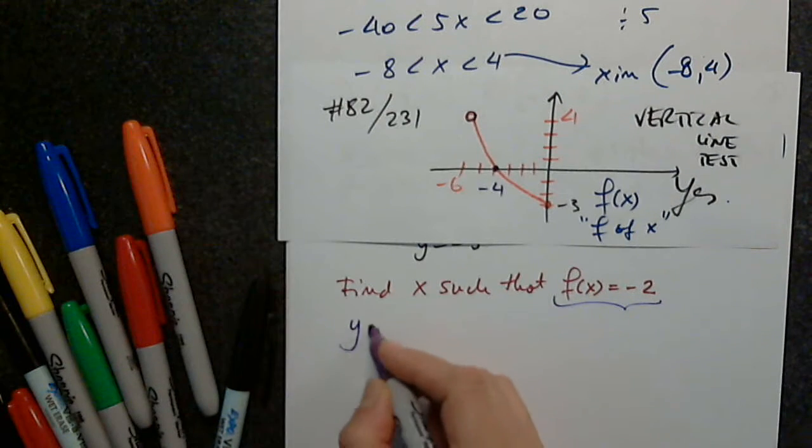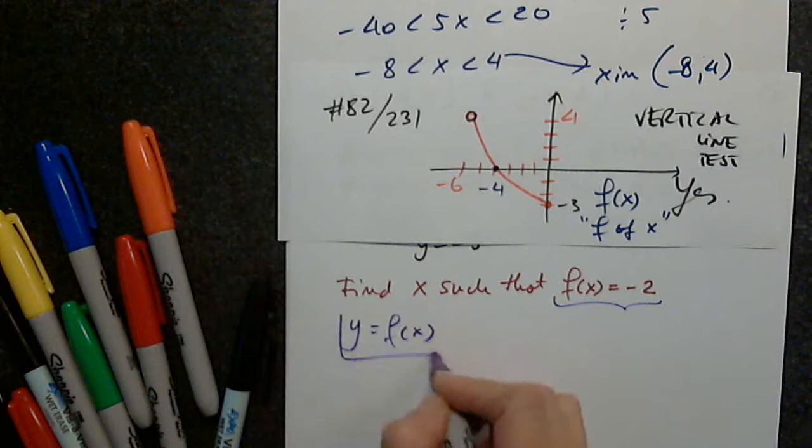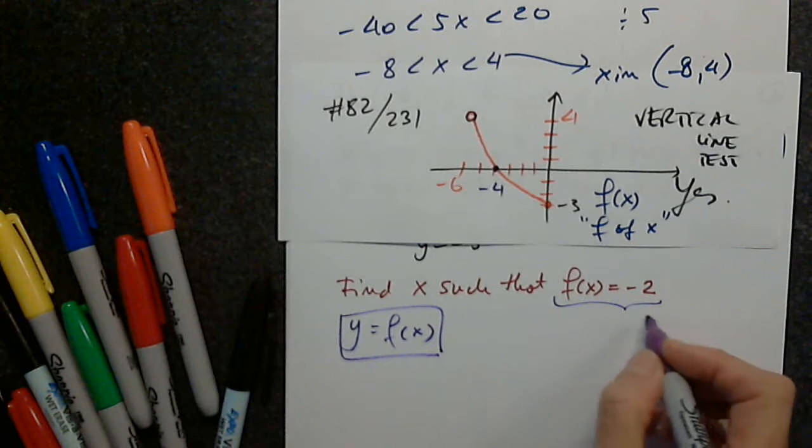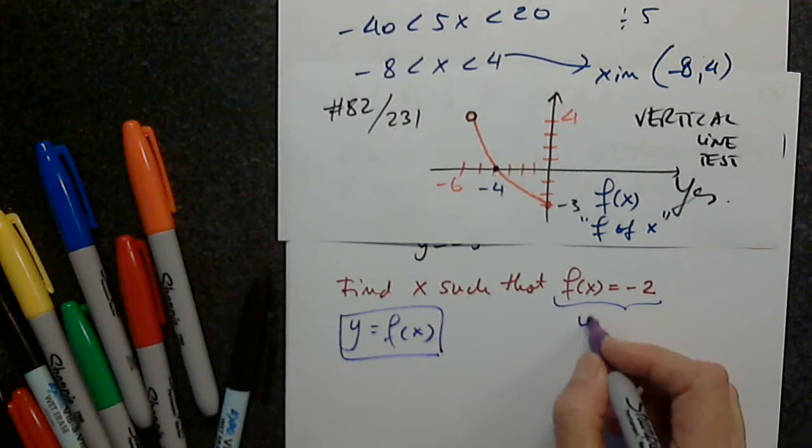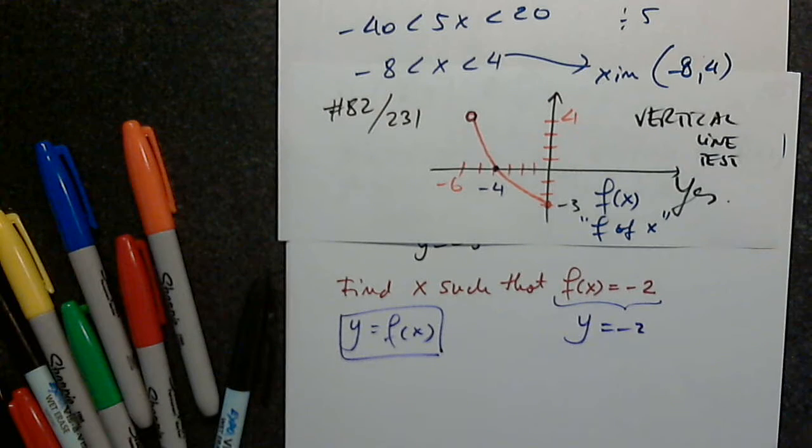No. So y is the same as f of x. So then what is given to us at this point? Exactly. Now remember, how do I graph a vertical line? The equation of a vertical line is x equals 5, x equals 3, x equals -2, right? But how do I graph y equals -2? That is a horizontal line.